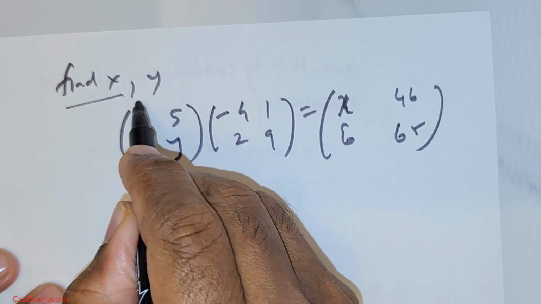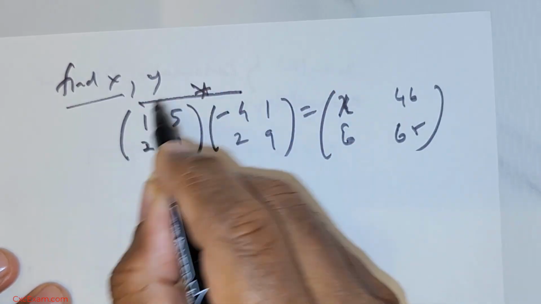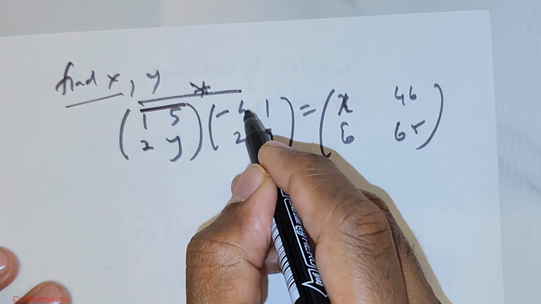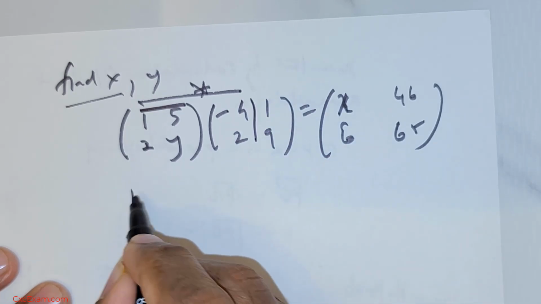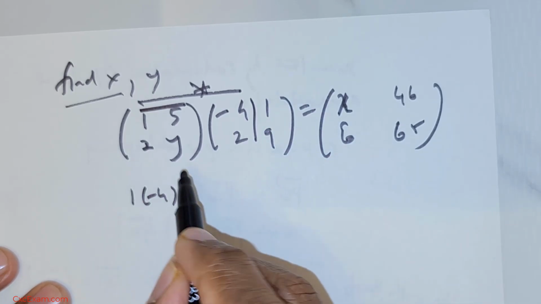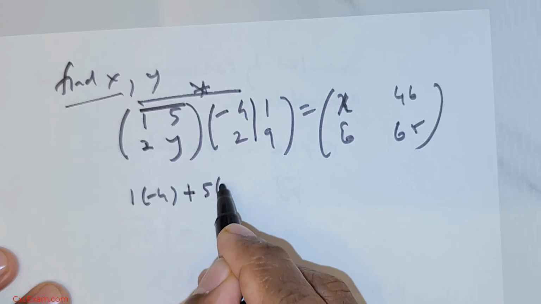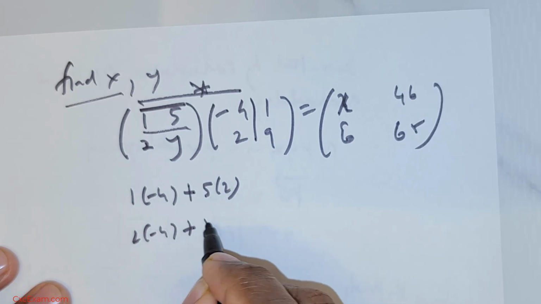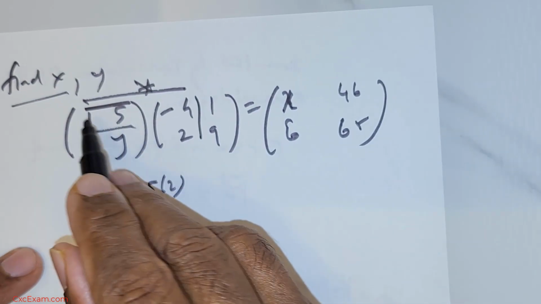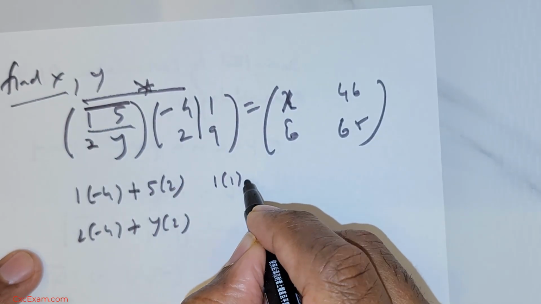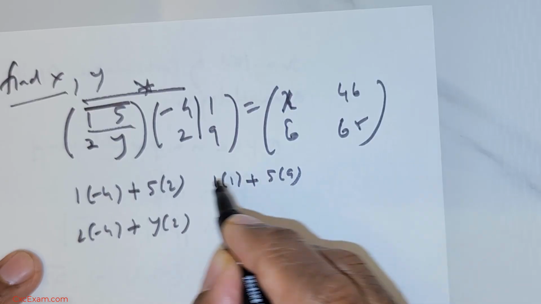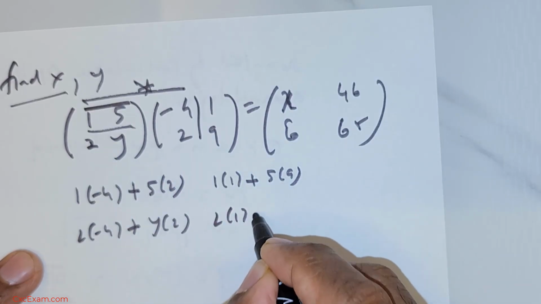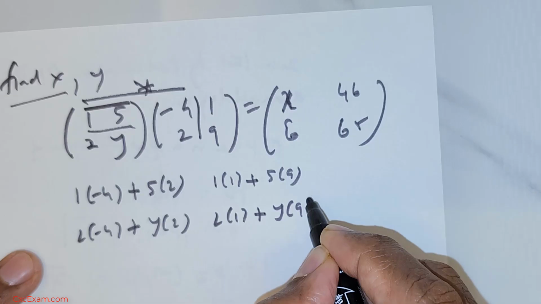Okay, foremost what we need to do is perform the matrix multiplication. So row with the column. 1 multiplied with -4 added with 5 multiplied with 2. 2 multiplied with -4 added with y multiplied by 2. 1 multiplied with 1 plus 5 times 9. 2 times 1 plus y multiplied with 9.